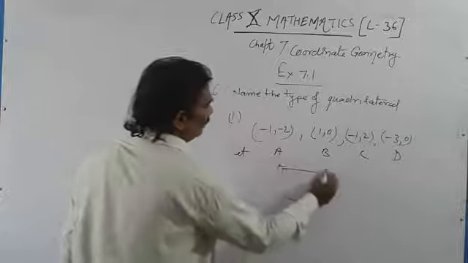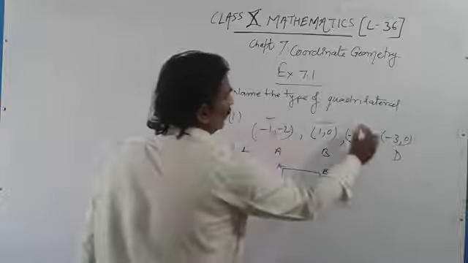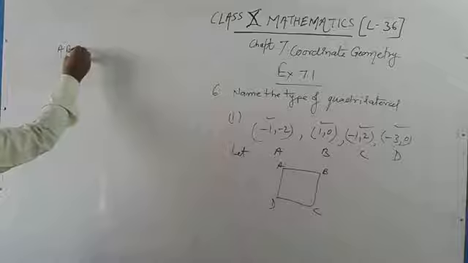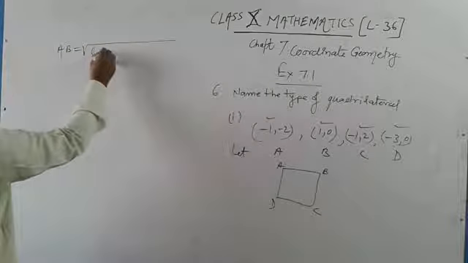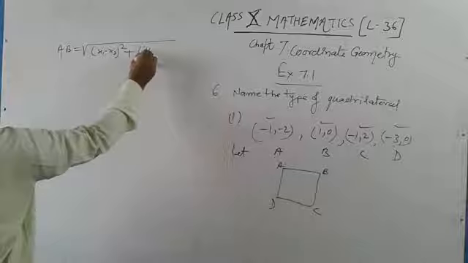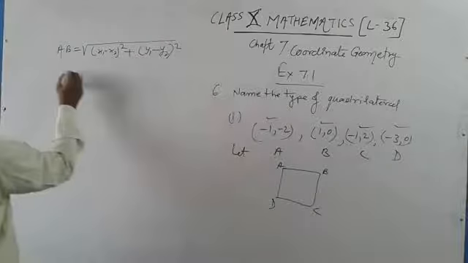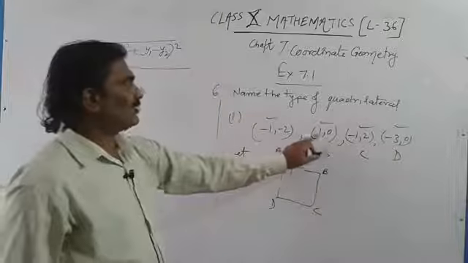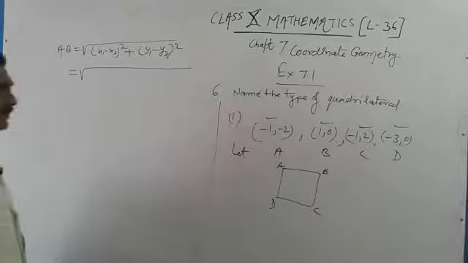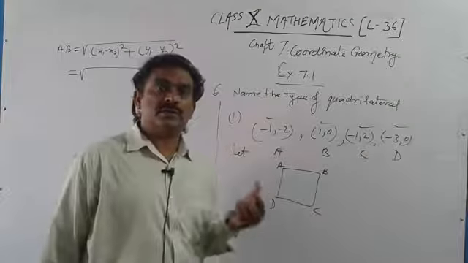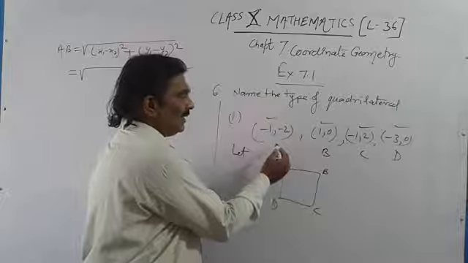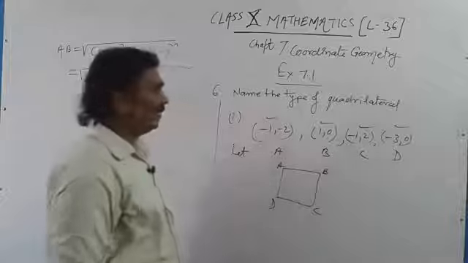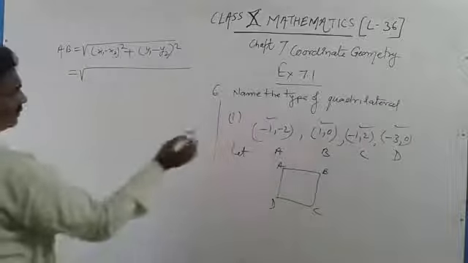So suppose this is A, B, C and D, and these are the coordinates. First of all we should use the distance formula to find AB. AB is equal to the square root of (x1 minus x2) whole square plus (y1 minus y2) whole square. Putting the values for AB, x1, y1, x2, y2. Remember, don't be confused in choosing values. Always remember, if we take points A and B, then the values will be x1, y1, x2, y2.